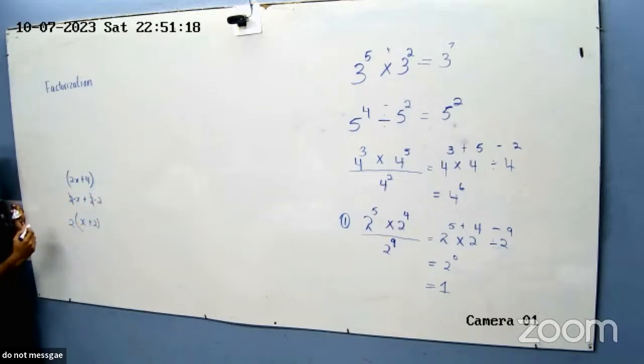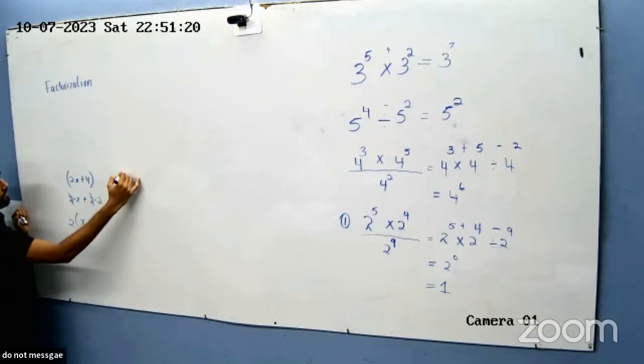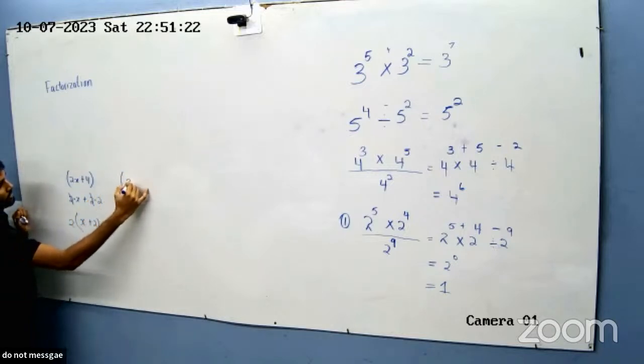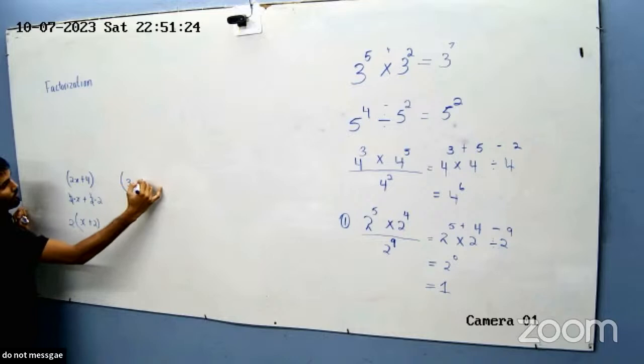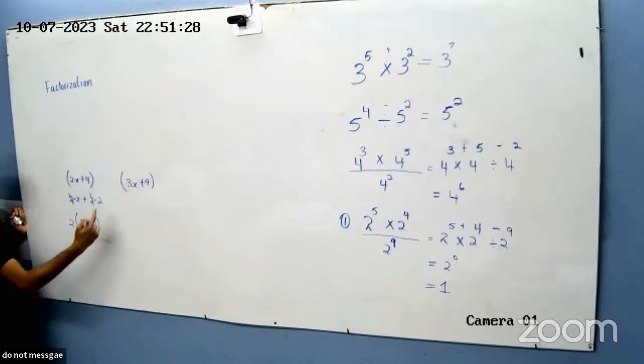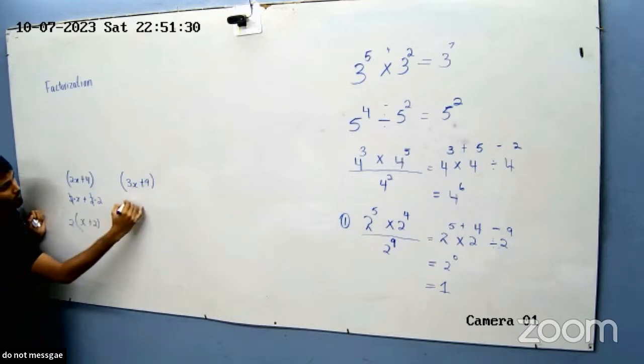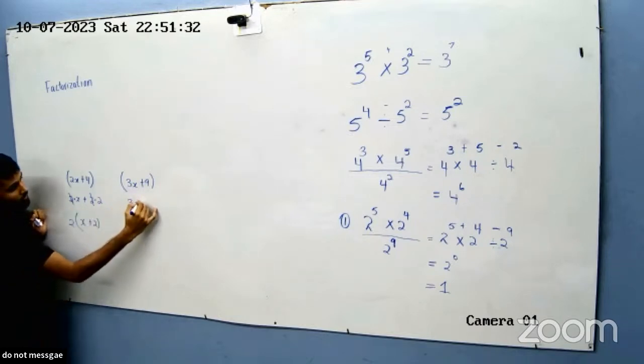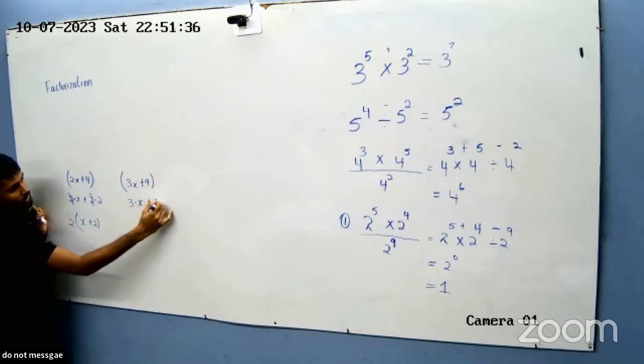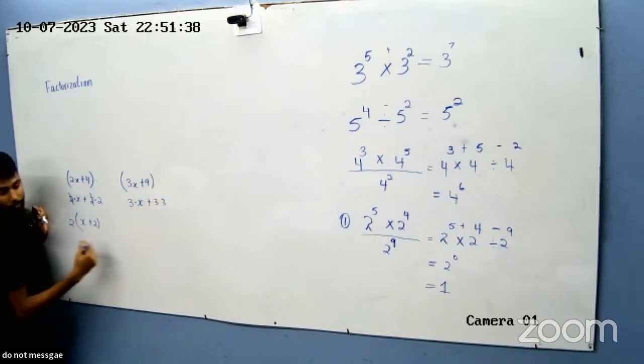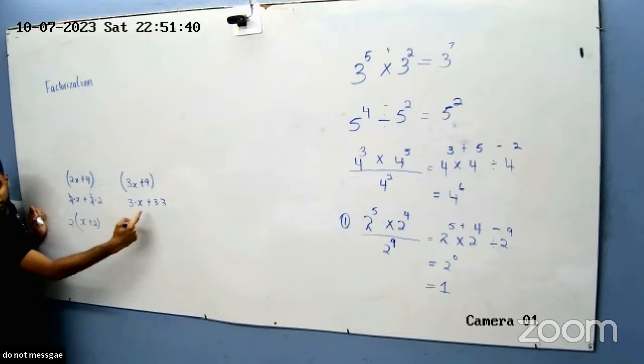Okay? If I have something like 9, I'm breaking it up like this, right? 3 multiplied by x plus 3 by 3. What is common here? The 3, right?